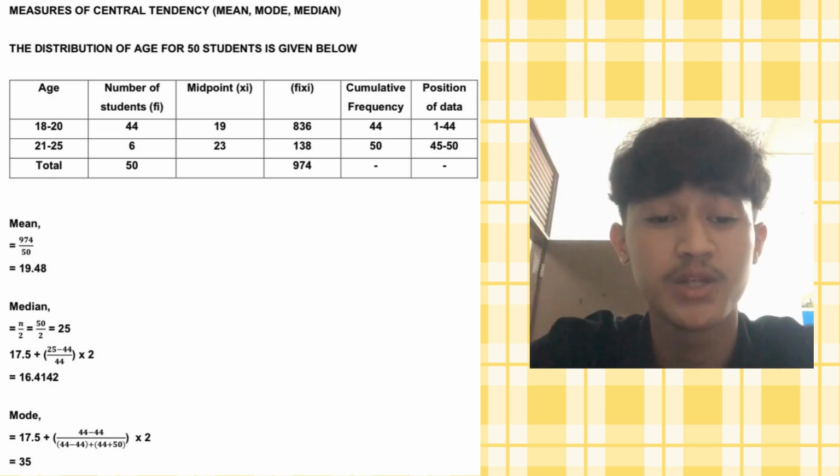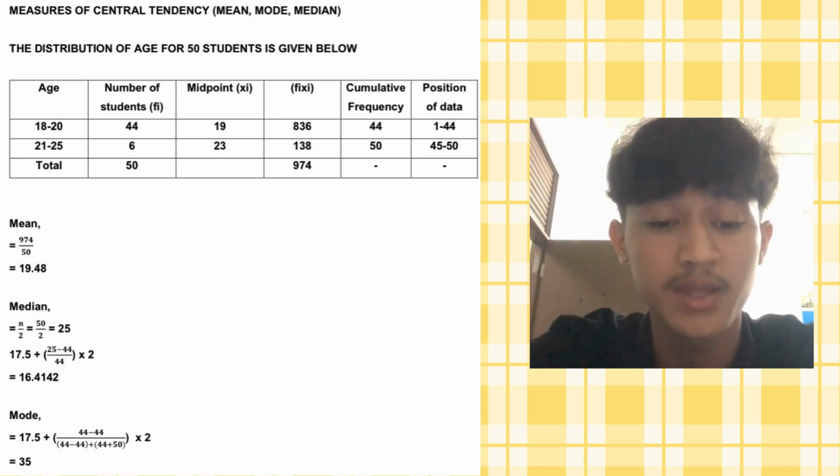Next is measures of central tendency. For the slide content, age group 18 to 20, number of students is 44, midpoint or xi equals 19, and fi times xi equals 836. Cumulative frequency is 44. Position of data is 1 to 44.